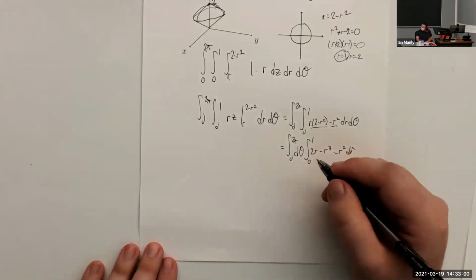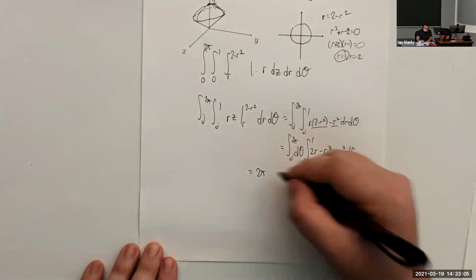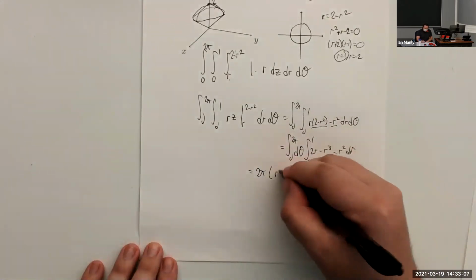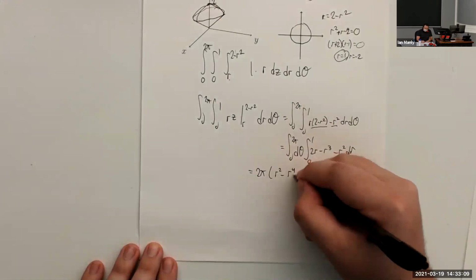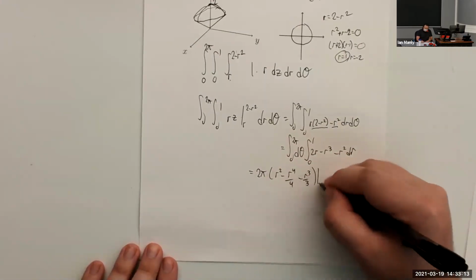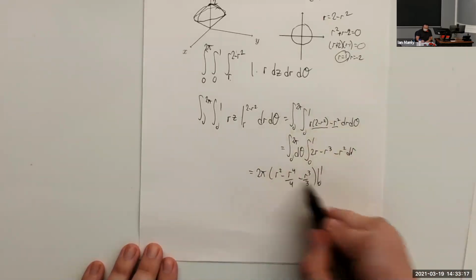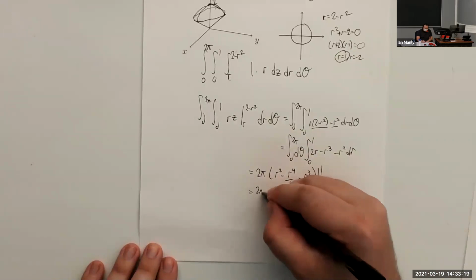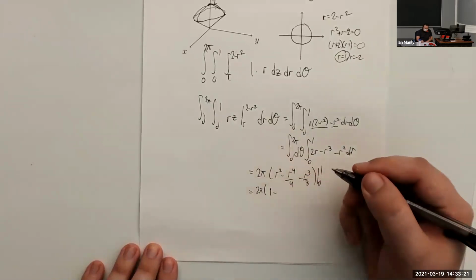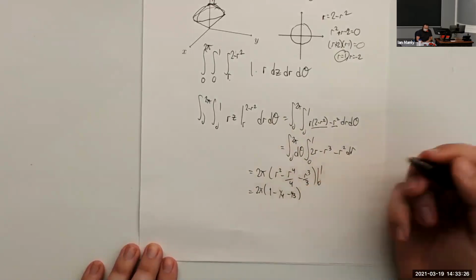All right, so let's go ahead and do this. This is going to be 2 pi. And then the integral of this will be r squared minus r to the 4th over 4 minus r cubed over 3. Okay, so if I plug 1 and 0 in here, I have 2 pi, and then I have 1 minus a 4th minus a 3rd.